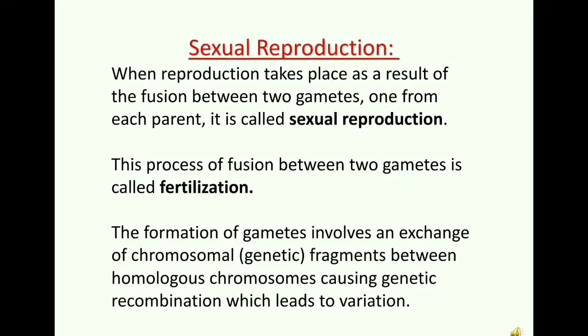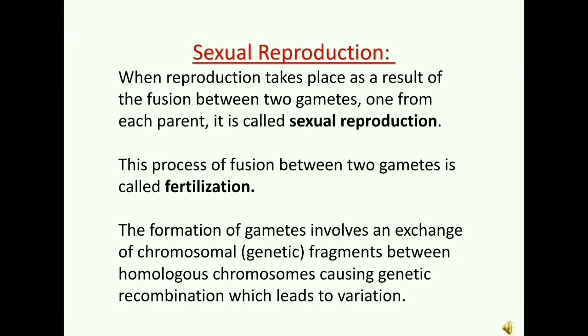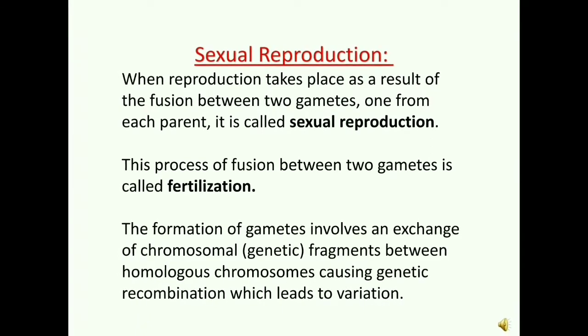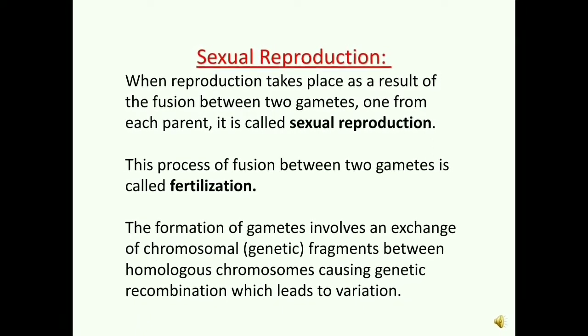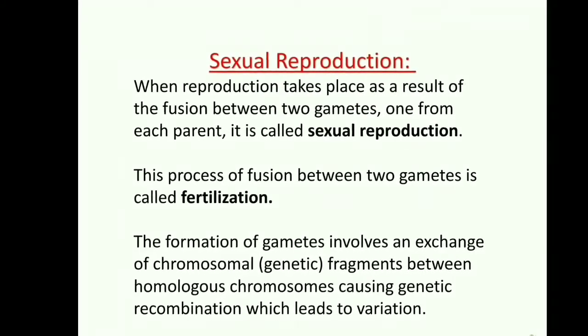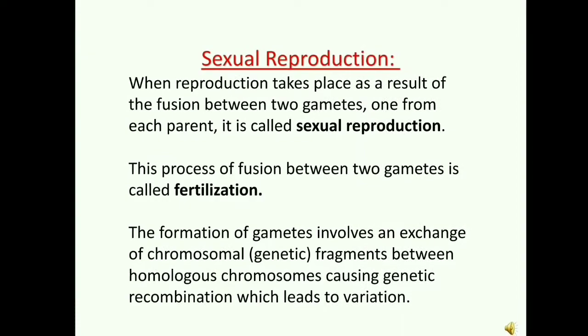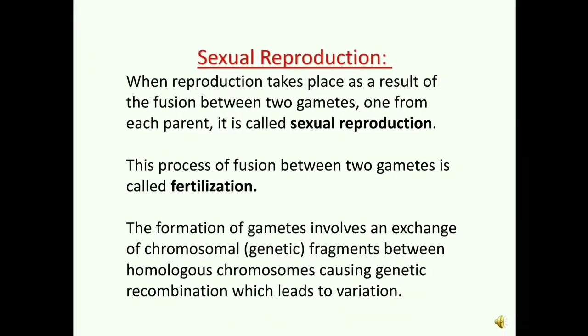Now let's move on to sexual reproduction in plants. When reproduction takes place as a result of the fusion between two gametes, one from each parent, then it is called sexual reproduction.